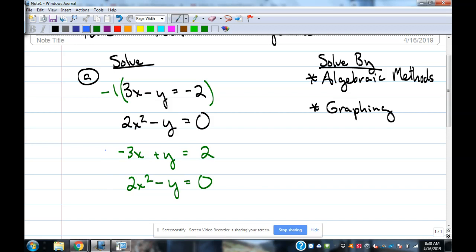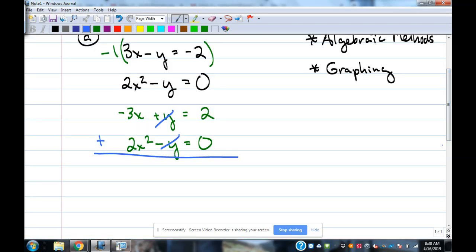And then when I take that system and I add those two together, what happens to the y's? They cancel each other. They eliminate one another. And I get 2x squared and -3x. Are those like terms? No, so I can't really put them together, but I can write this, which gives me a quadratic equation to solve at the end.